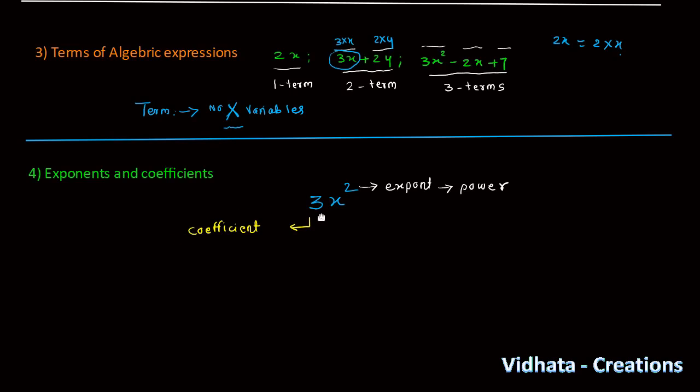Exponent means, in example 3x square, the number which is in multiplication with the variable, we call it as coefficient, and the number which is at the power, we call it as exponent.